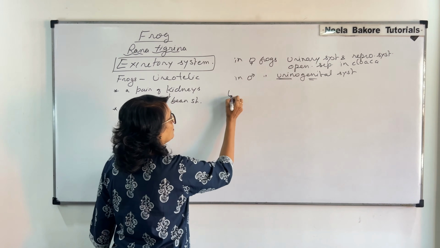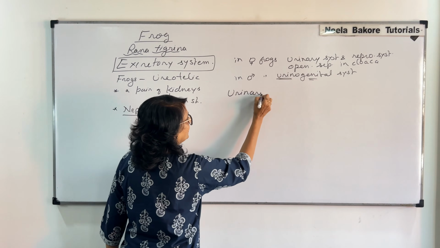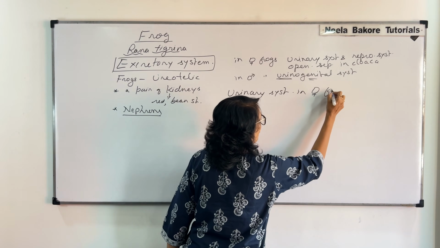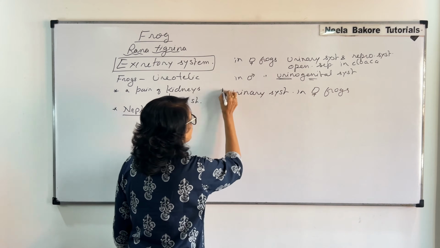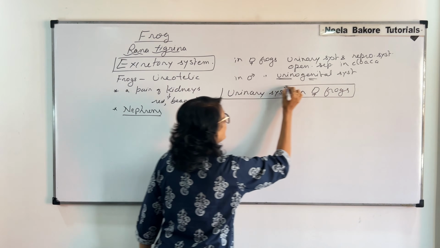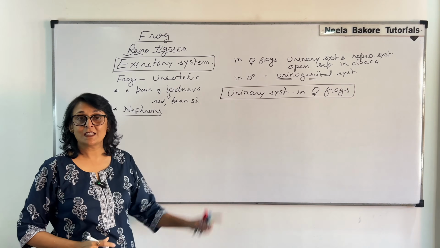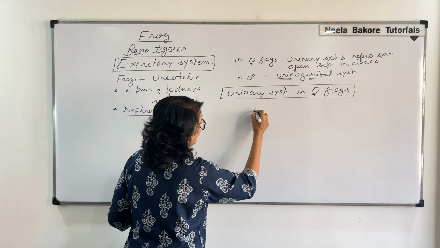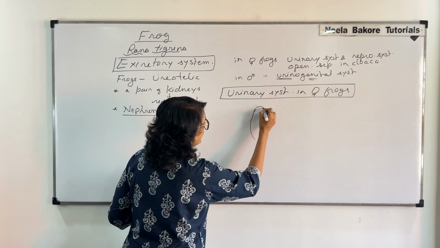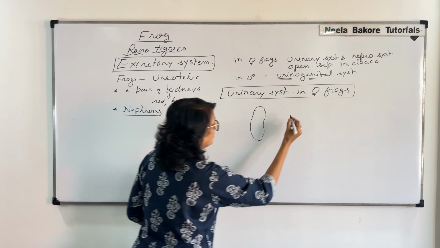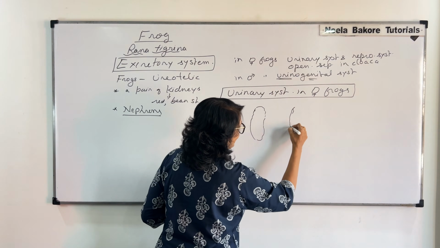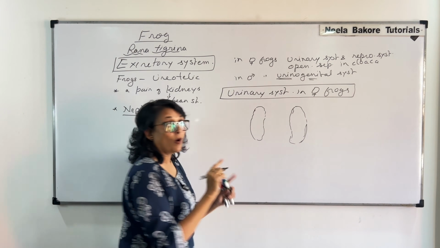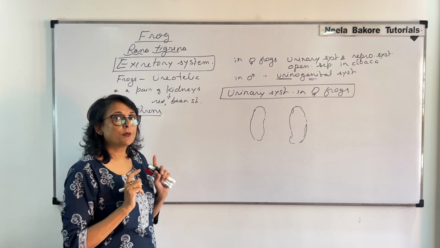So now let us talk about the urinary system in female frogs. Because it is a separate system, we will discuss this separately. As we said here, the kidneys are elongated little bean-shaped structures present in the posterior part of the body on either side of the vertebral column.